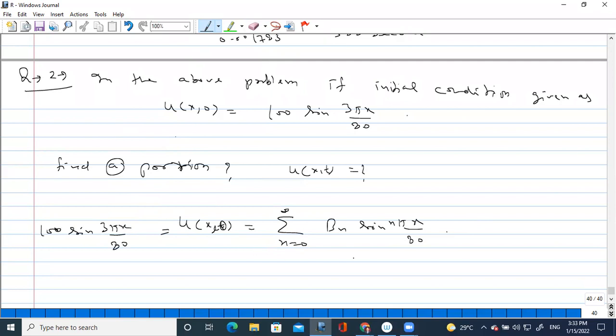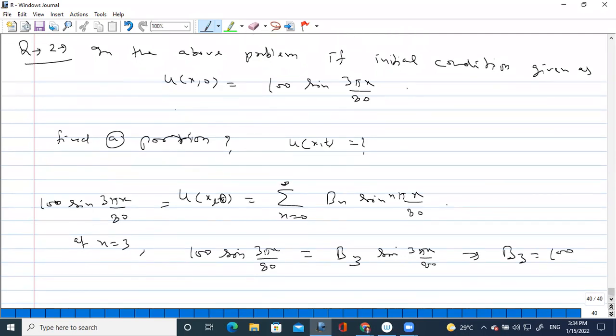So it means when you take n equal to 3, then only you will get it. It will be sine 3 pi x by 80 equal to B3 sine 3 pi x by 80. So this implies B3 is equal to 100. Okay. So that time also you will get the same equation.